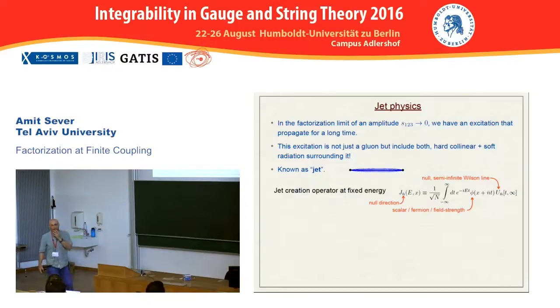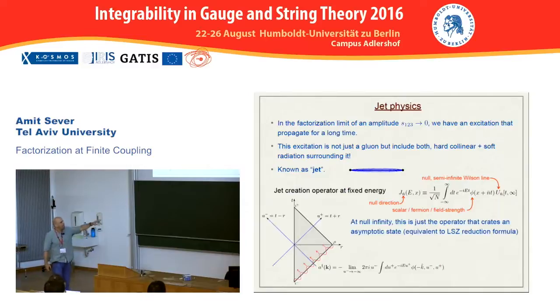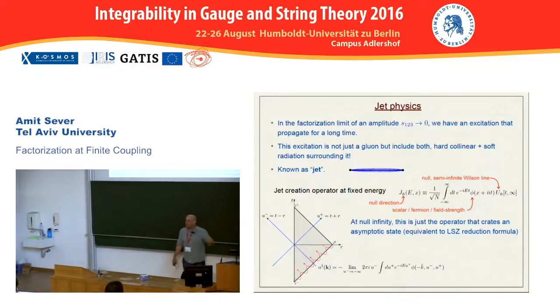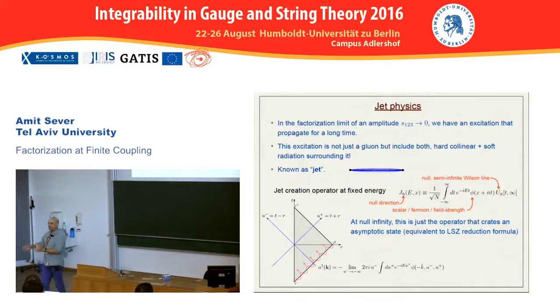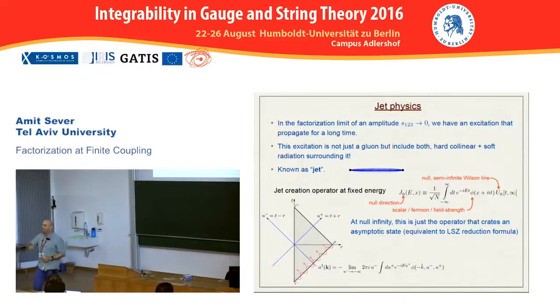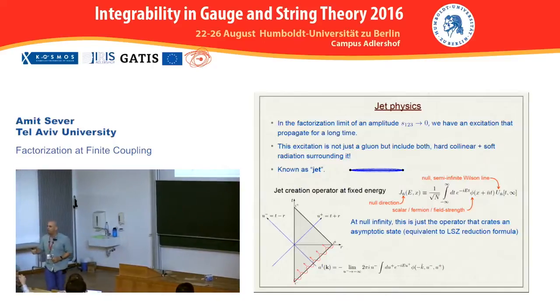And this operator is not as strange. This is one way to think even about the LSZ reduction formula. If you take this operator and place it at null infinity, you can show that the creation operator of an asymptotic state is exactly given by this operator integrated at null infinity. This is something special about massless particles, that they all come from a single direction, and therefore instead of integrating over all space and then taking the momentum on shell, you can just integrate the field in that direction at infinity, and it will create a good asymptotic state.